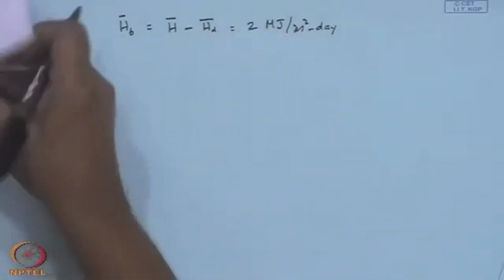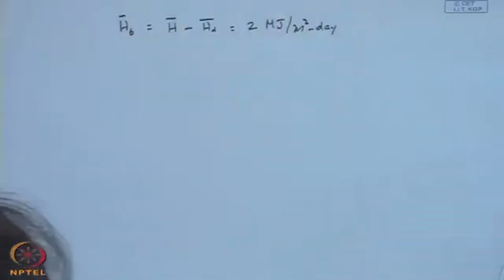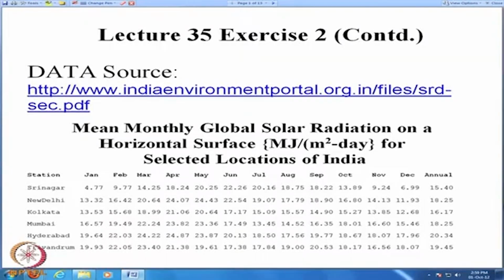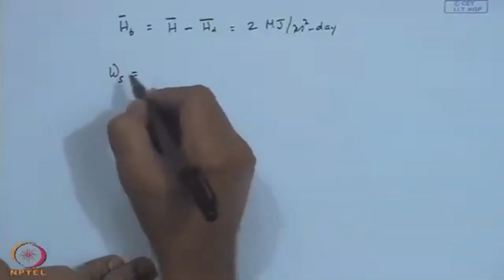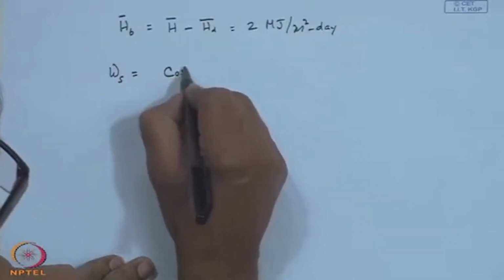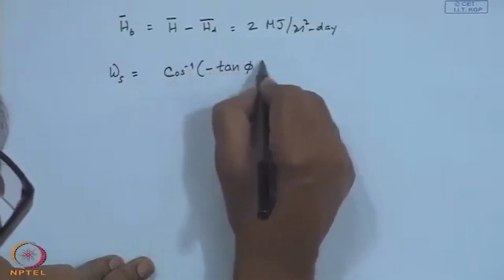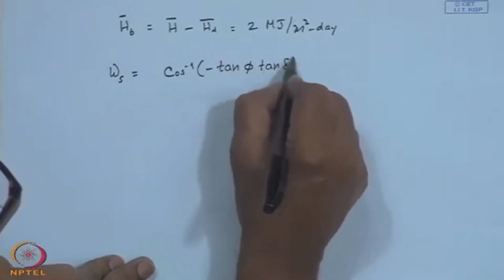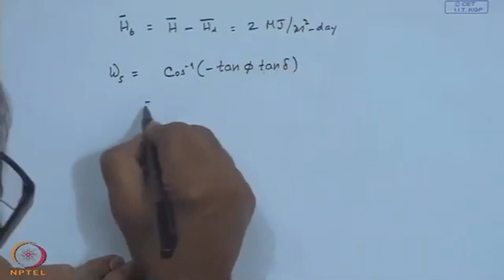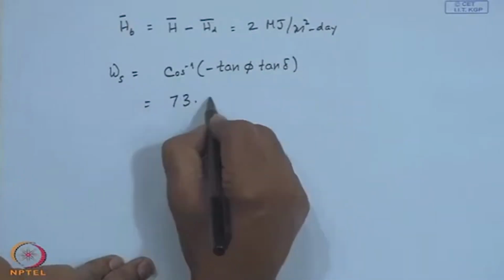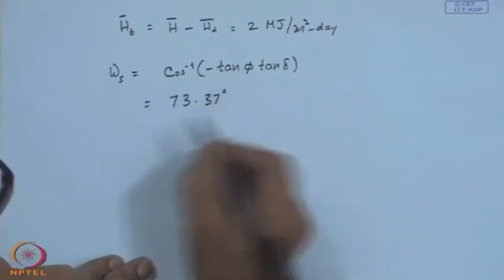So, first our task will be to compute the solar radiation received by the surface, and for that I need the sunset hour angle omega_s, which is cos inverse of minus tan phi tan delta, which we calculated as 73.37 degrees.